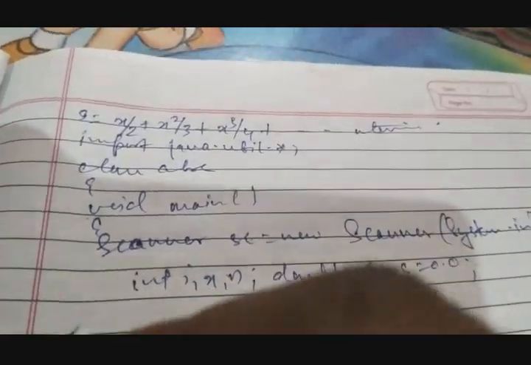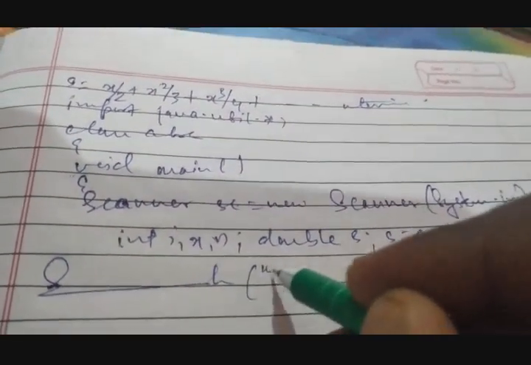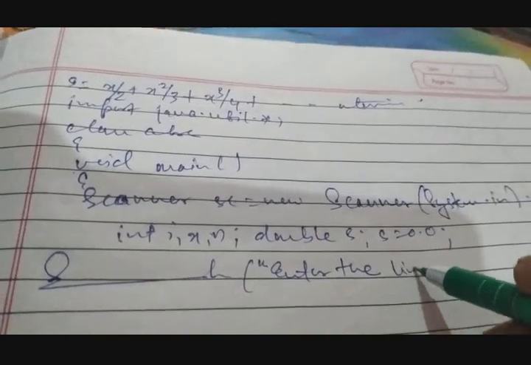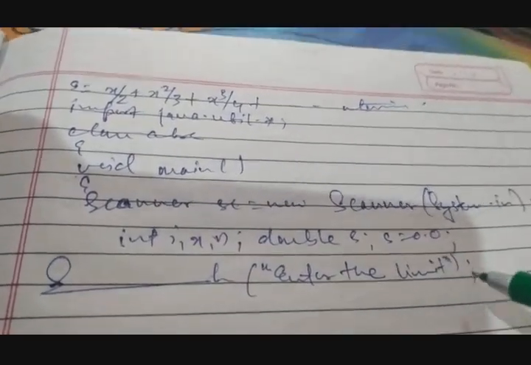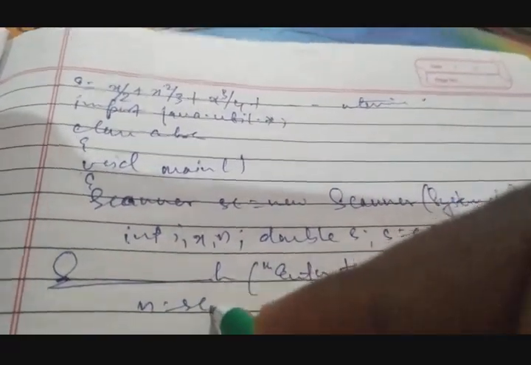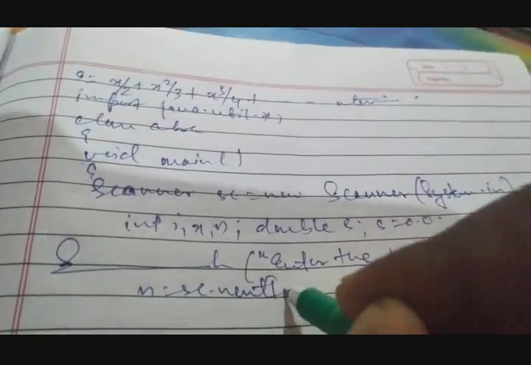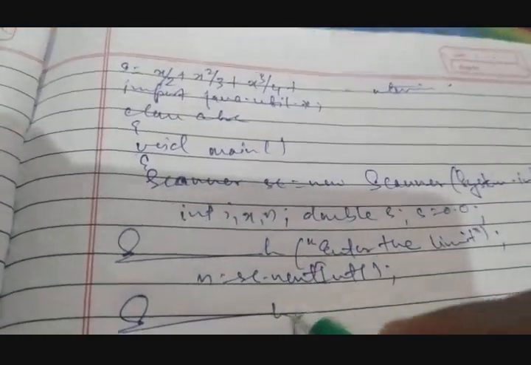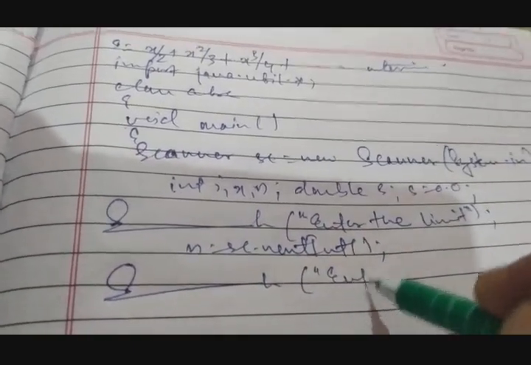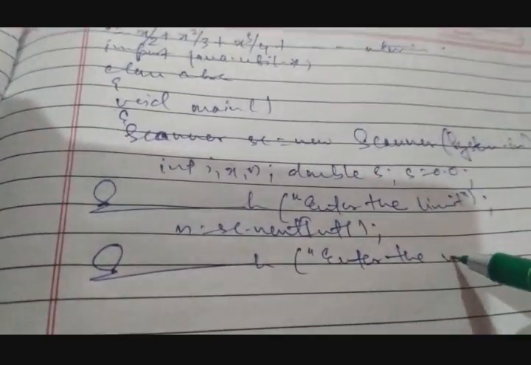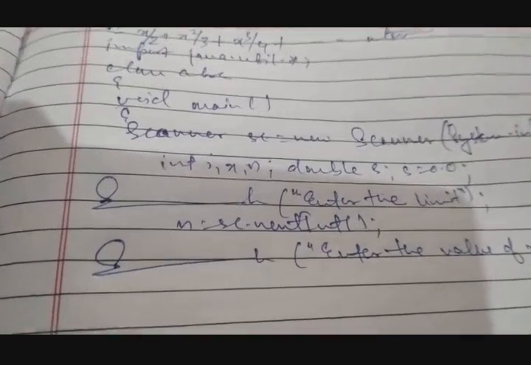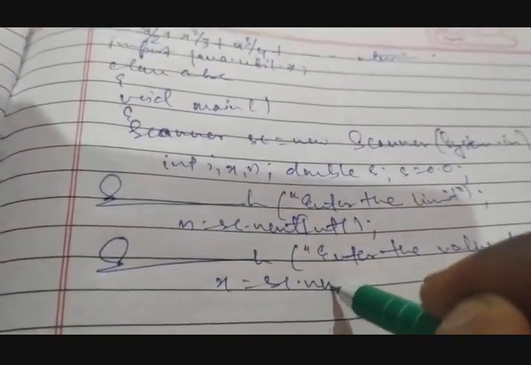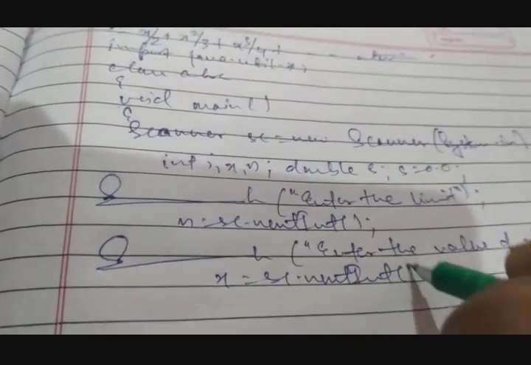So enter the limit, n equals to sc dot nextInt method. Enter the value of x equals to sc dot nextInt method.